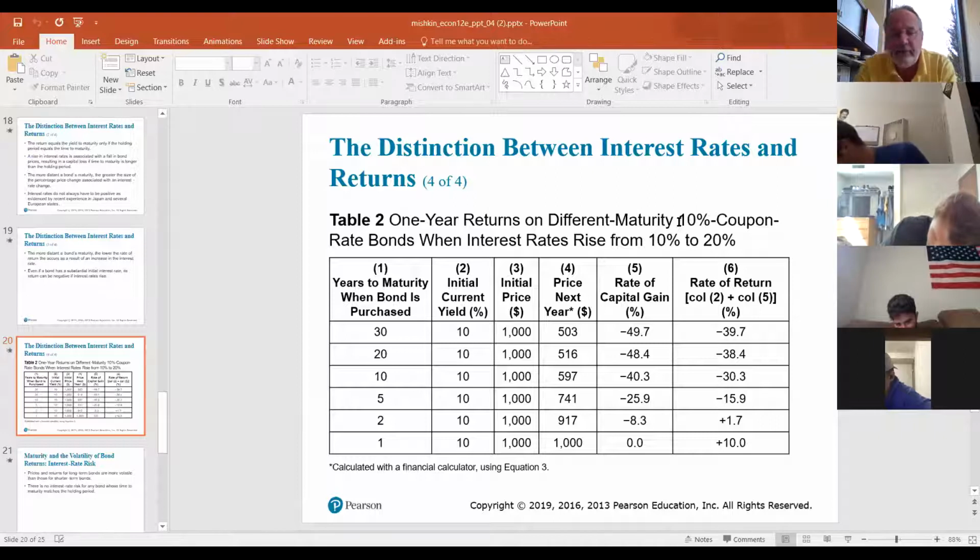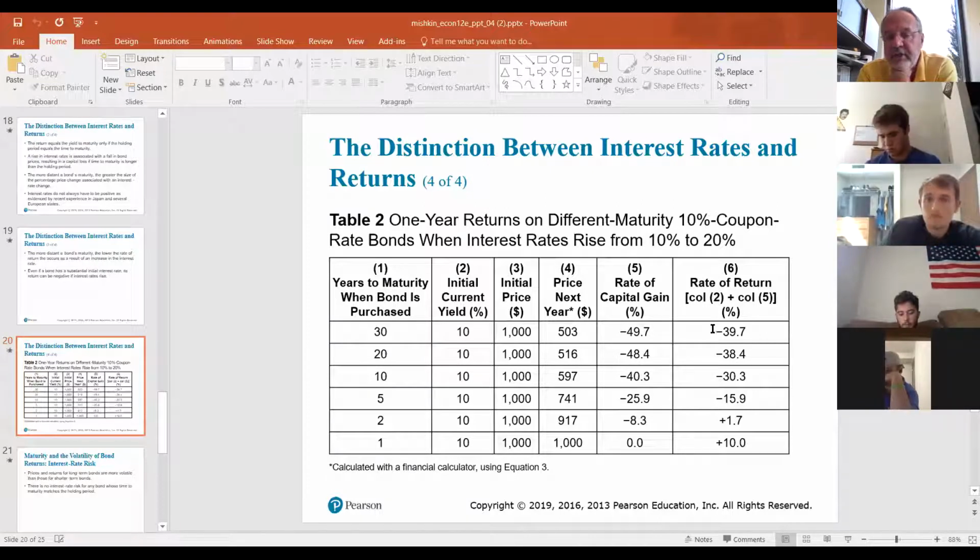Let me talk about that some more. The years to maturity, 30 years, current yield is 10%. Look at the percentage change in price, percentage change in capital gain, percentage change in the rate of return. This is huge.